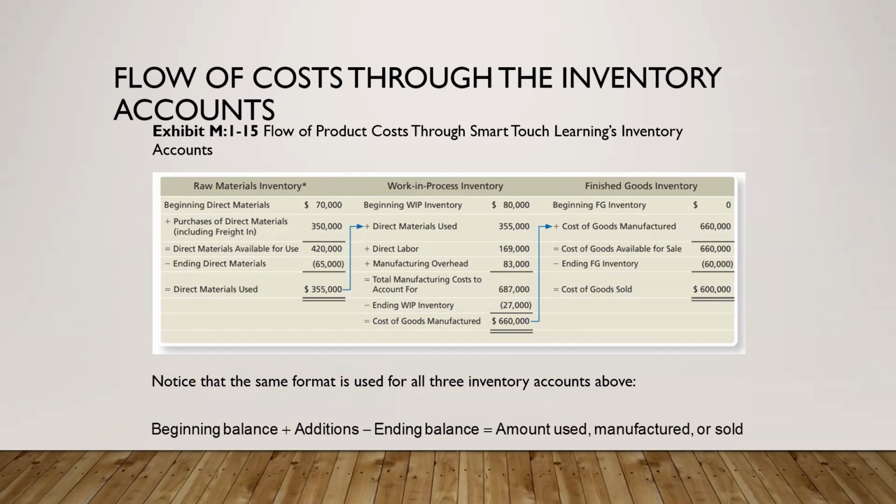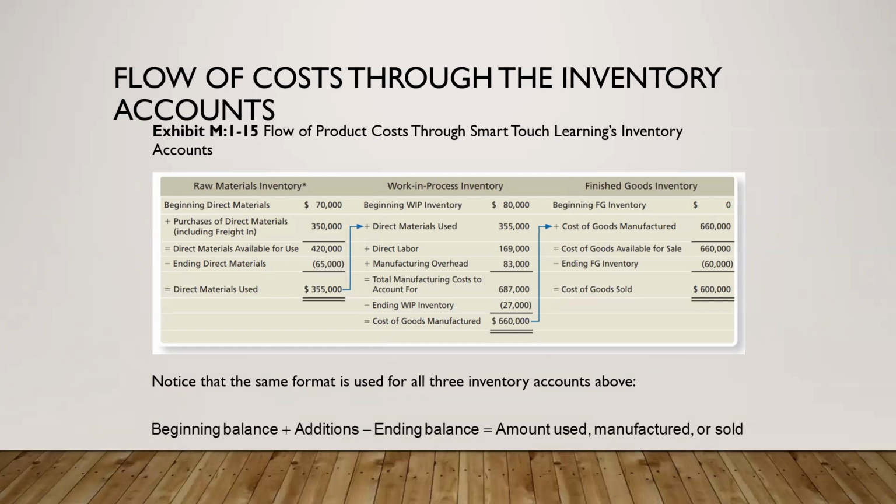So Exhibit 1-14 that you just saw summarizes the flow of costs through the Smart Touch Learning inventory accounts. Here you see Exhibit 1-15, which shows the flow of product costs through Smart Touch Learning's inventory accounts.